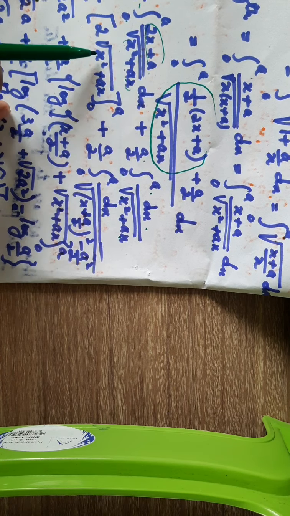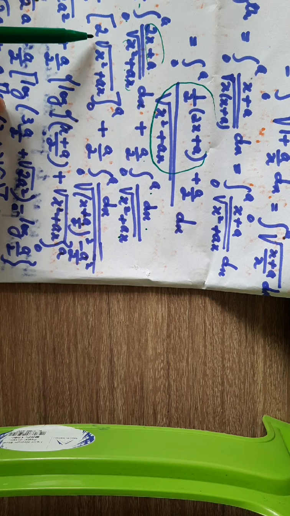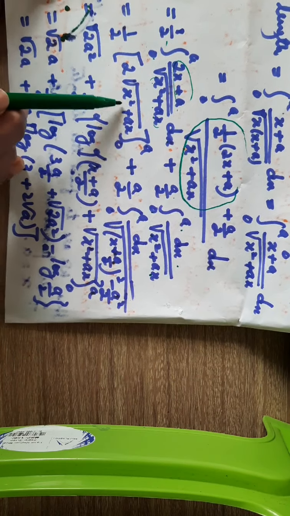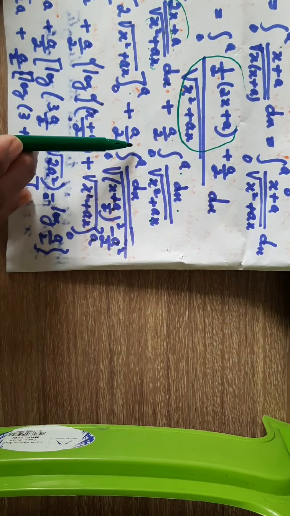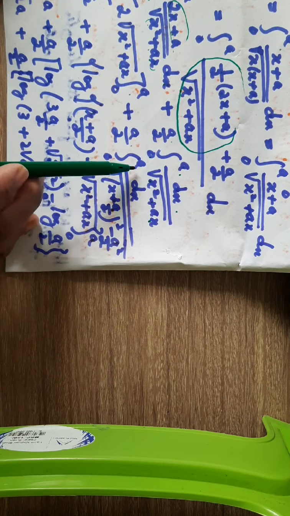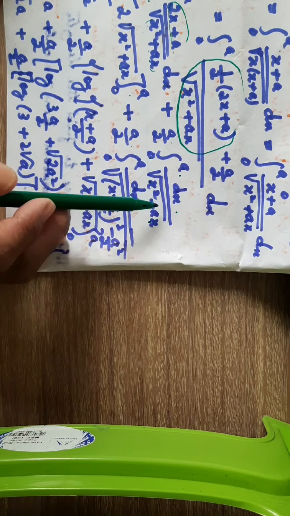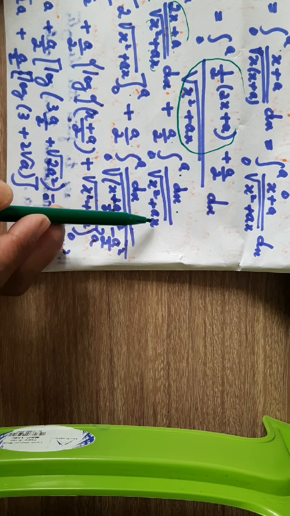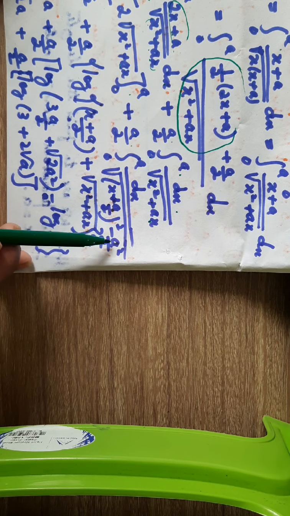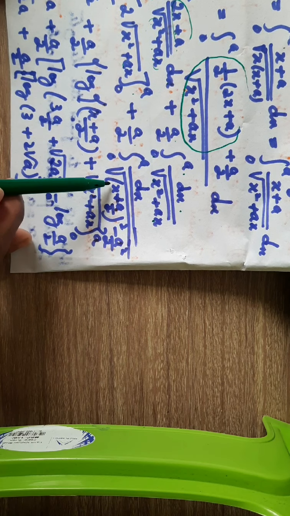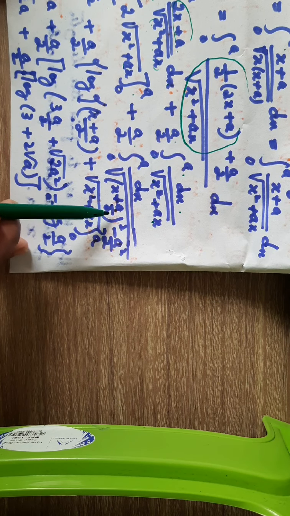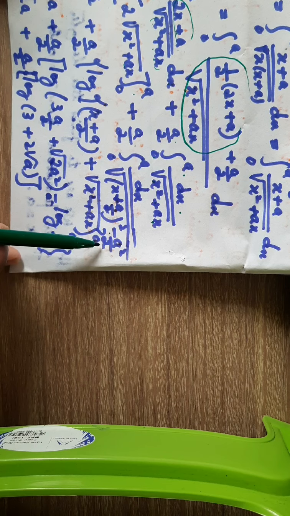Applying that formula, the integral of this will be 2 times square root of x square plus ax from 0 to a, plus a by 2 integral 0 to a dx by square root of x square plus ax. Again here, you can simplify it by adding and subtracting a by 2. Then you'll get square root of (x plus a by 2) the whole square minus a square by 4.